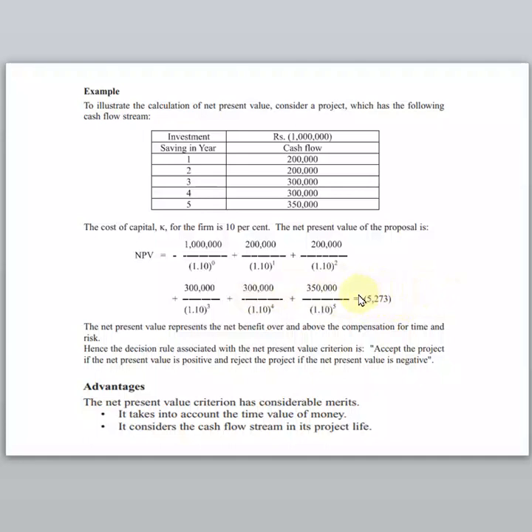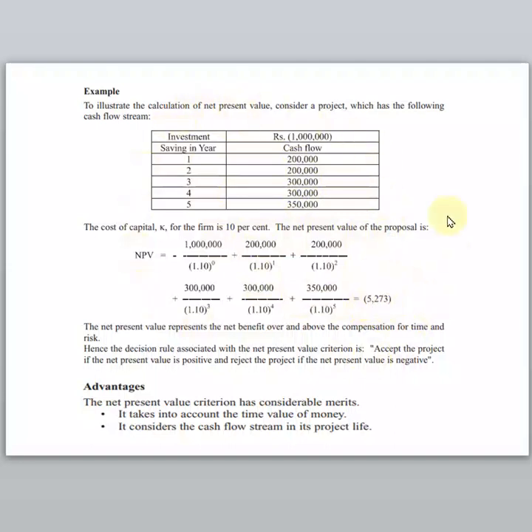The decision rule associated with the net present value criterion is: accept the project if the net present value is positive, and reject the project if the net present value is negative. In this case, the net present value is positive, so we can accept it.